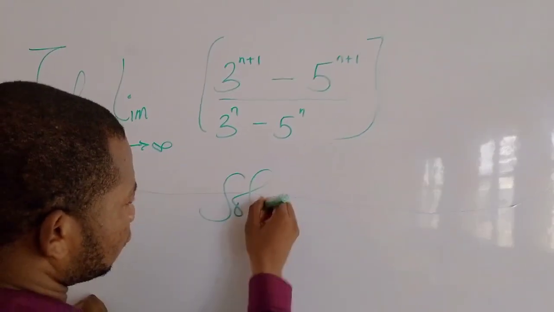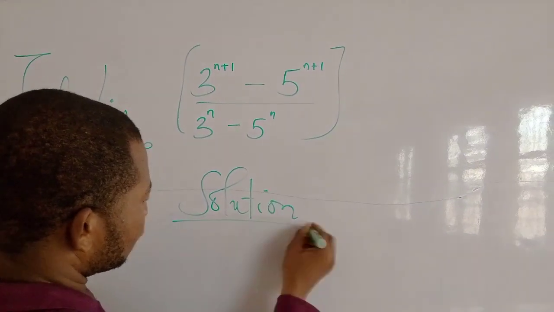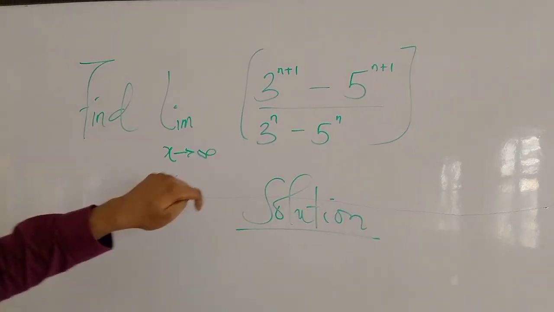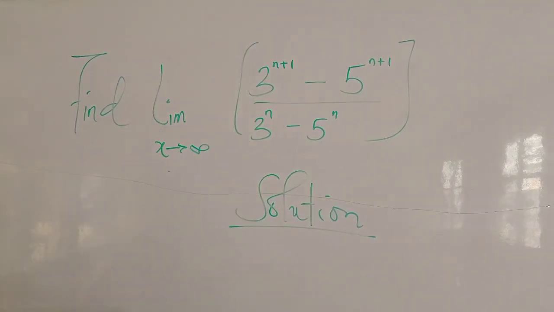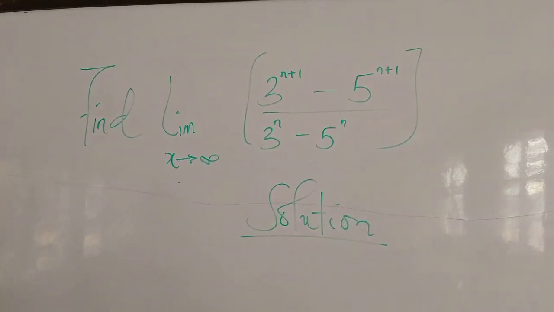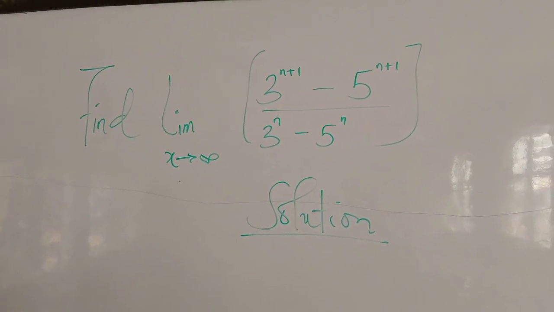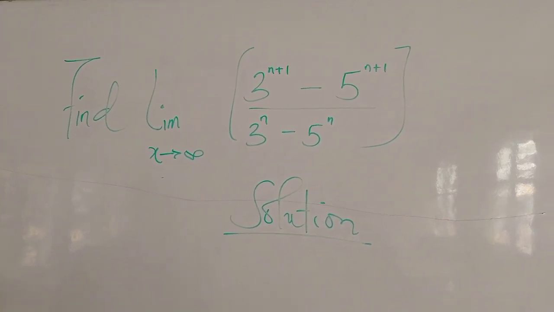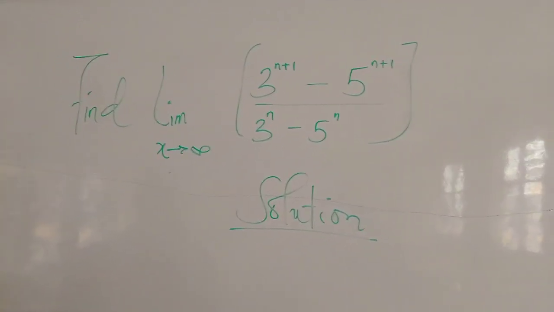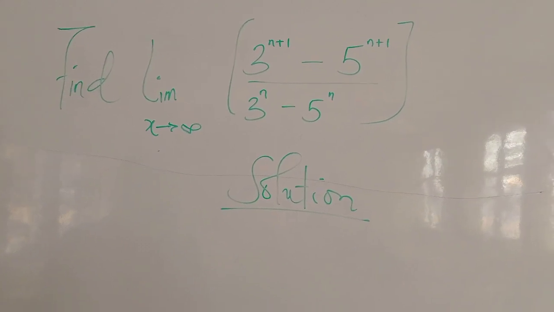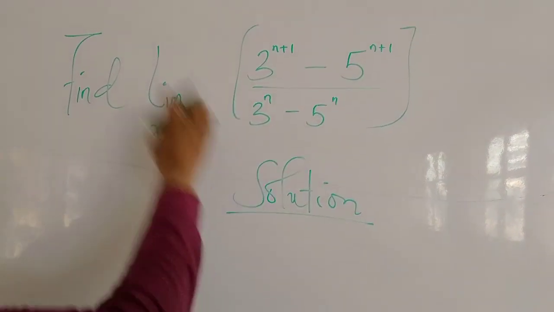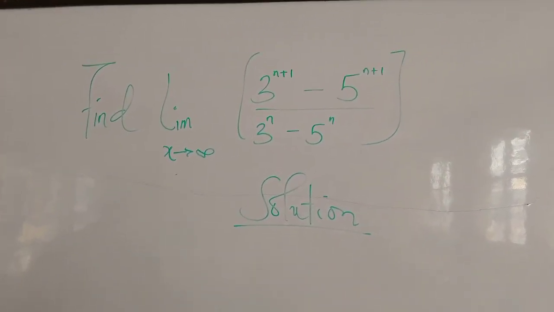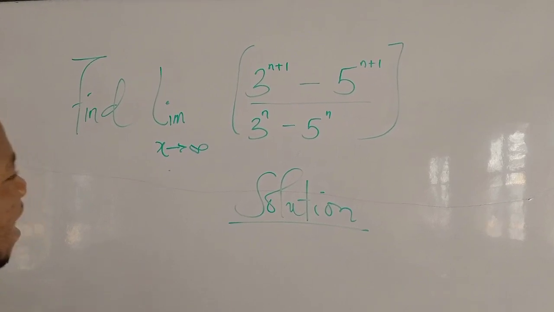Solution. The question says, find the limit of 3 raised to the power n plus 1 minus 5 raised to the power n plus 1, all divided by 3 raised to the power n minus 5 raised to the power n, as x tends to infinity, that is to say, as x becomes infinity.